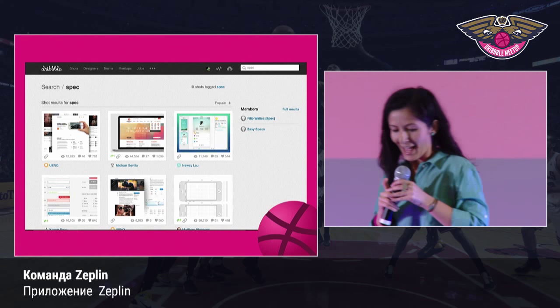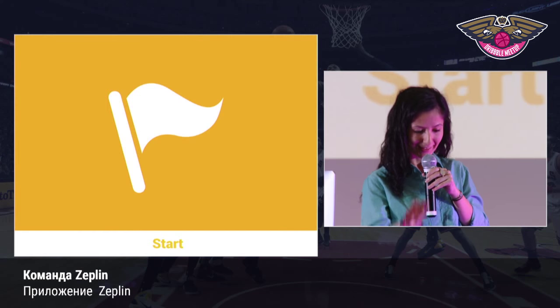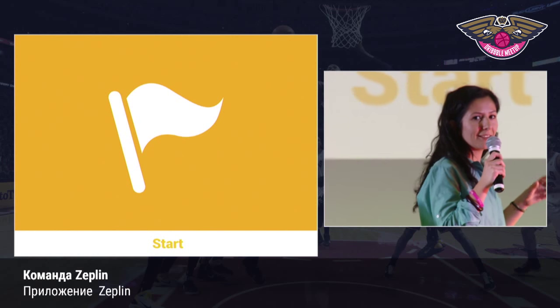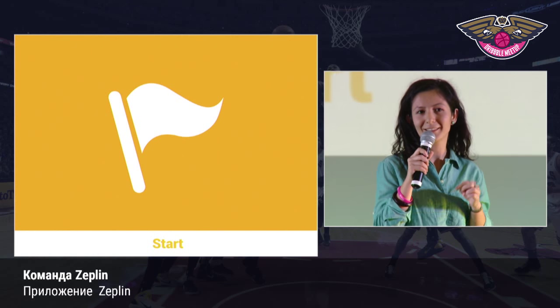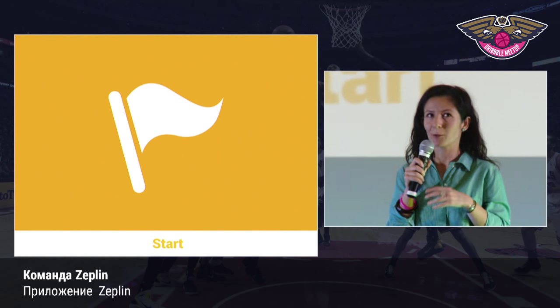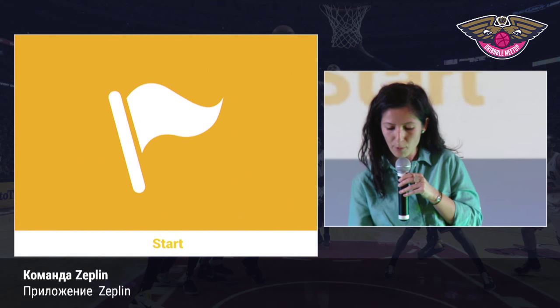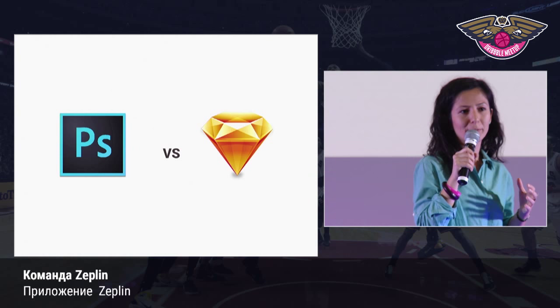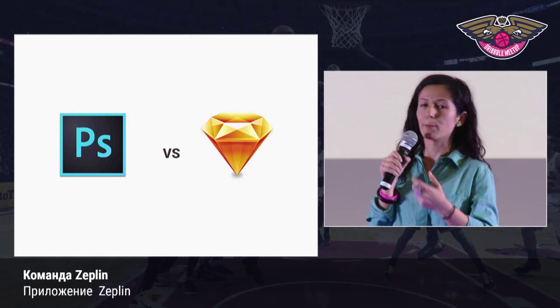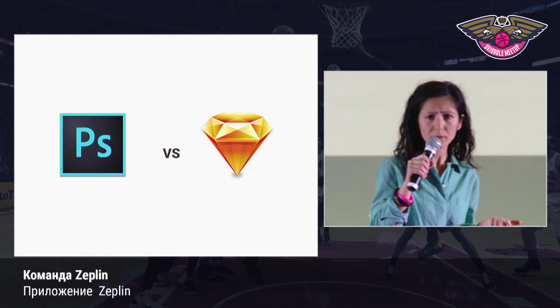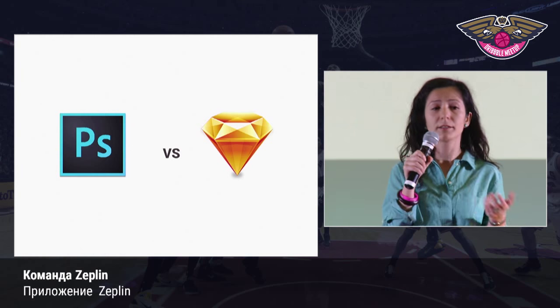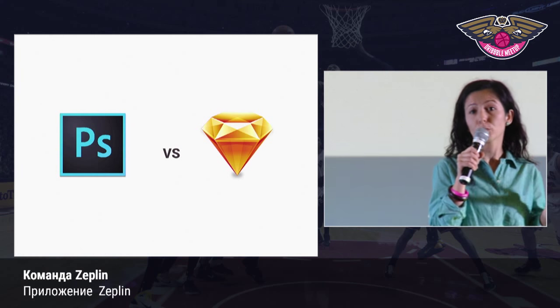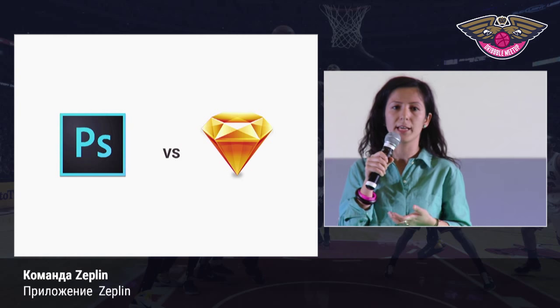Then we started. But here was a really important decision we needed to make. Should we support Photoshop or Sketch? A lot of people suggested we support Photoshop first, because you can find 100 Photoshop users for every single Sketch user.